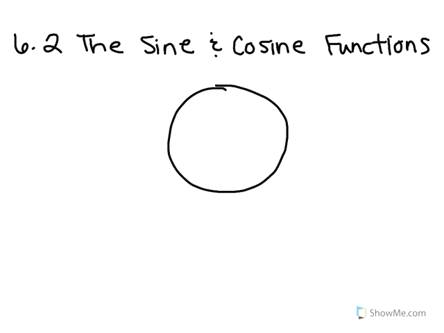So the unit circle, we're going to pretend that this circle that I just drew here in black is a perfect circle. Okay? And that if I were to draw an x-axis and a y-axis going straight through it, the very center of this, the origin, would also be the center of the circle.